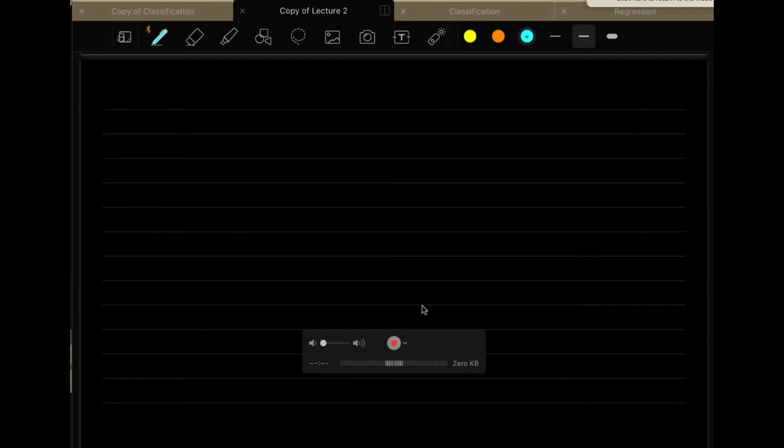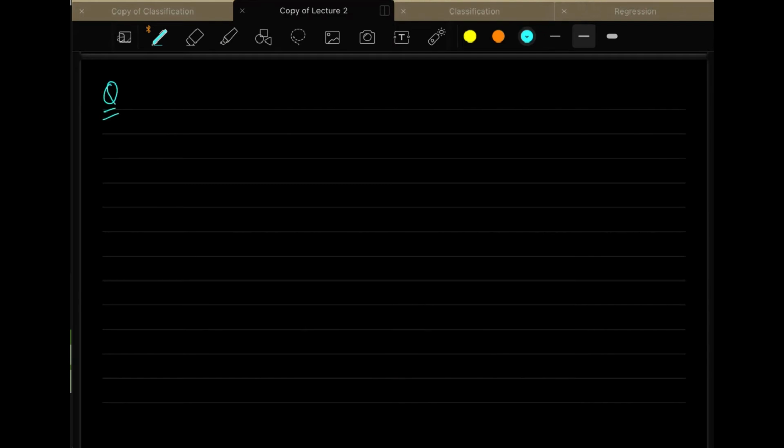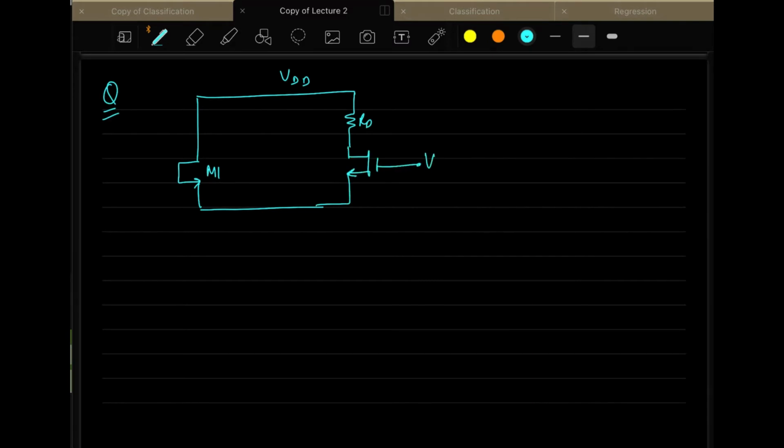Now the second question that I will discuss is this one. This is VDD. Then we have a MOSFET M1 here, then we have RD, and then we have a voltage VB here, and this side is Vin, and both of the sources are connected by a current source I1.